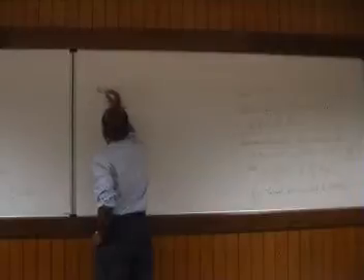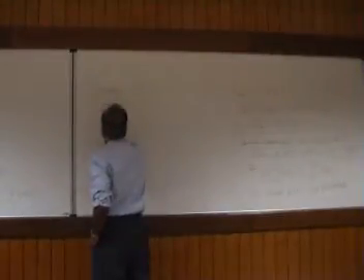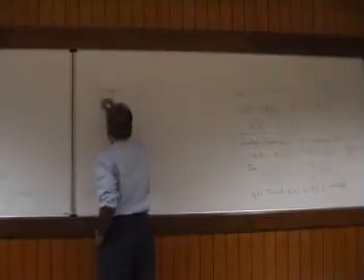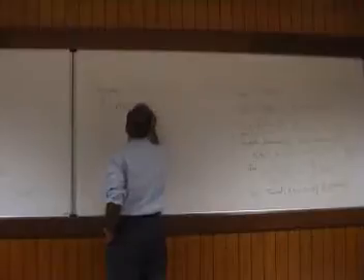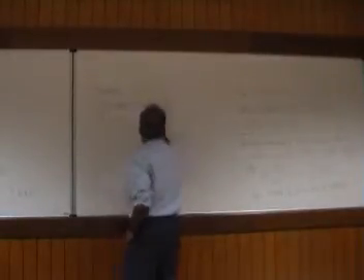Therefore if I have a concave function, what is the corresponding result? The summation of lambda i phi a i is less than or equal to phi of the summation i equals 1 to n lambda i a i.